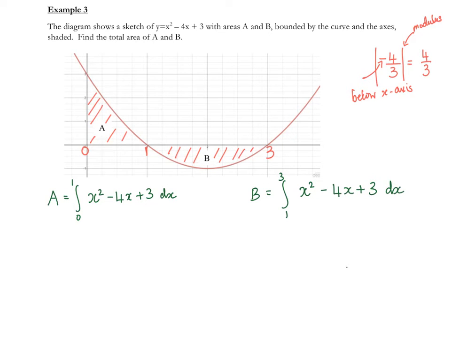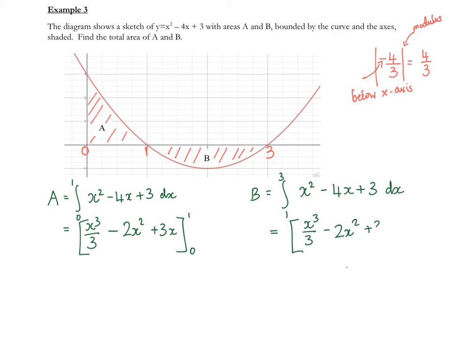So once we do that, we add 1 to the power, divide through by the new power. It's going to be x cubed over 3, then minus 2x squared, and then plus 3x, and that's in between 0 and 1. We do the same for B: x cubed over 3, minus 2x squared, and plus 3x, and we'll put that in between 1 and 3.